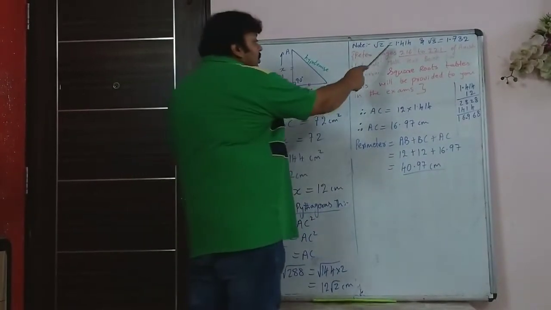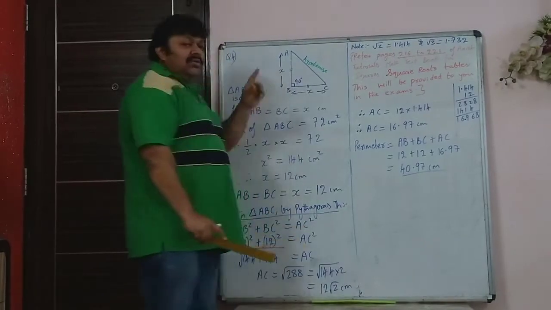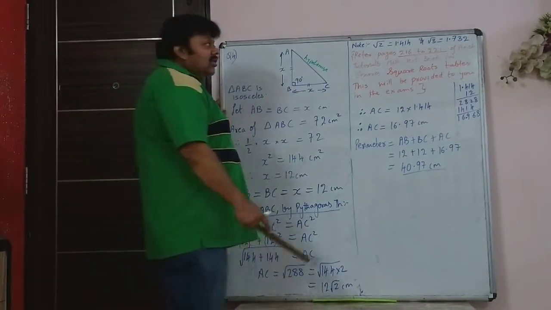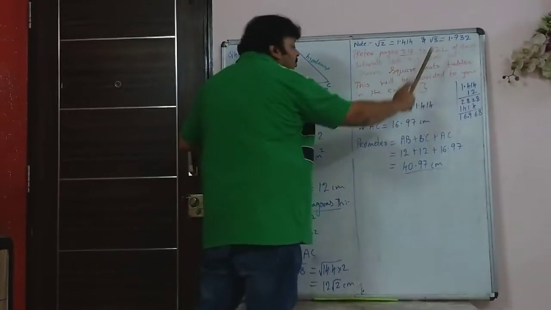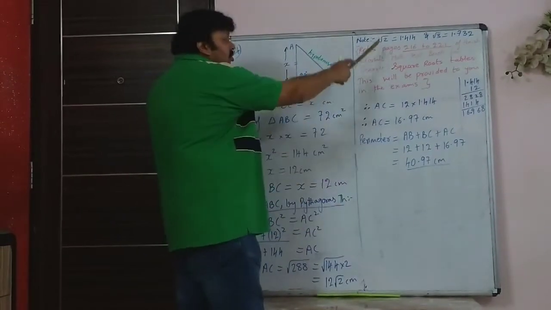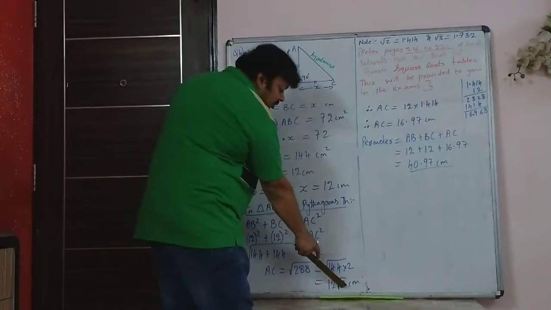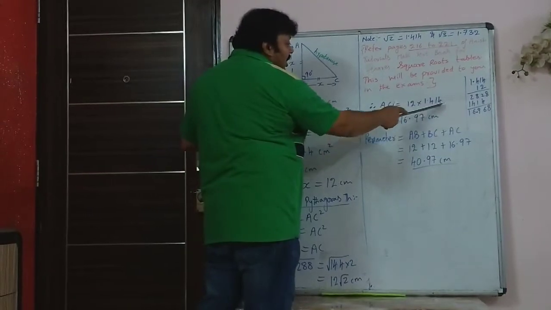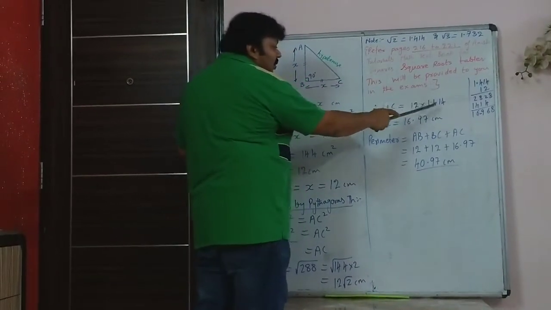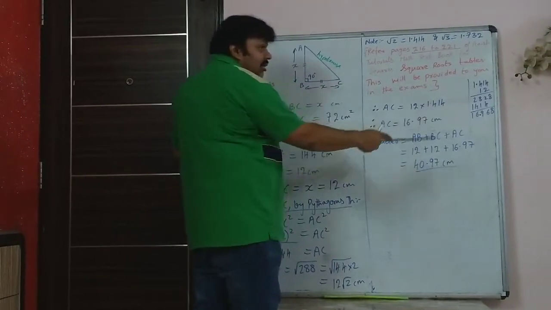So root 2 is 1.414, but you should remember root 2 and root 3, as they are commonly used. Root 3 is 1.732. So here I am going to use 12 into 1.414 instead of root 2. And where does this appear?